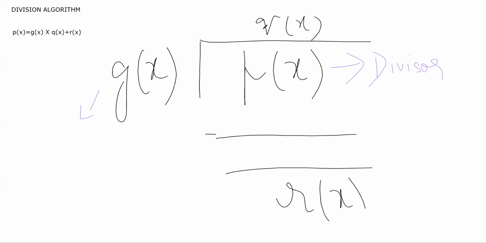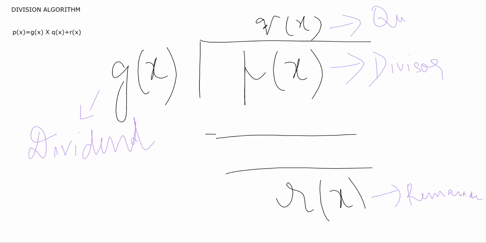G of x is the divisor. Q of x is the quotient. R of x is the remainder.